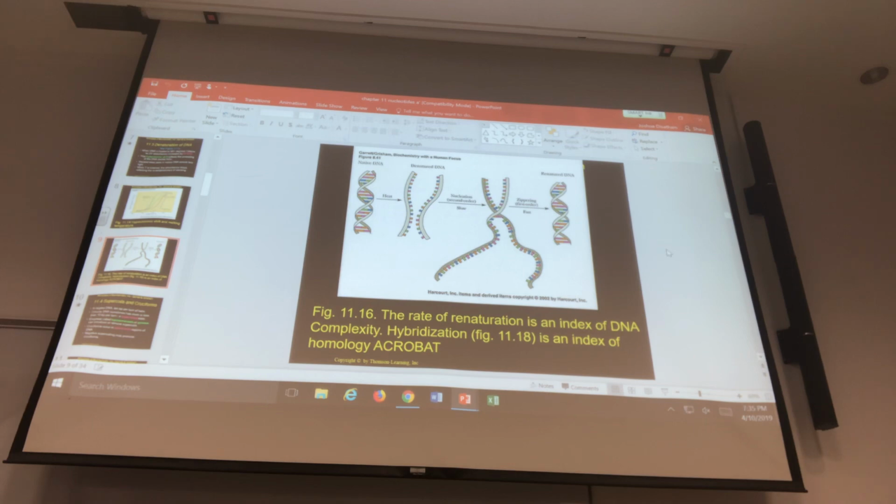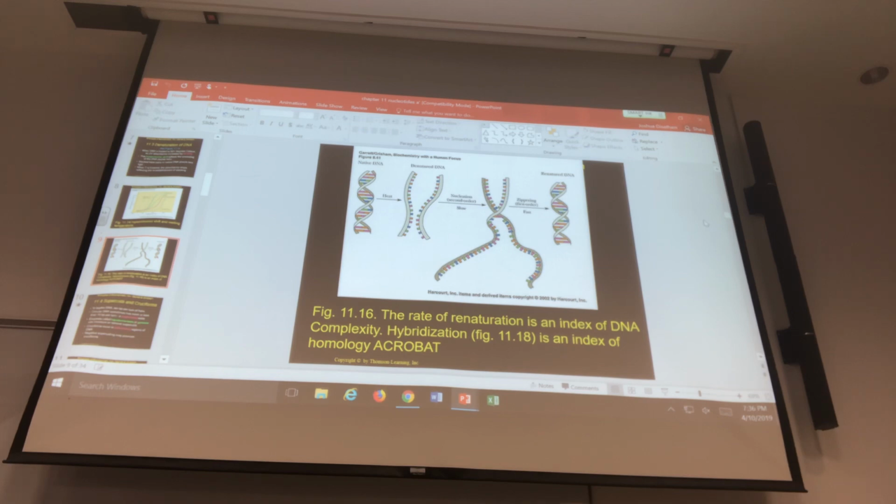The other feature that you can analyze DNA by is homology, which is how similar two strands of DNA are to each other. If you have two strands of DNA from different organisms, you can track how homologous they are, how similar they are, by seeing how well they hybridize to each other, how well they simply base pair to each other.